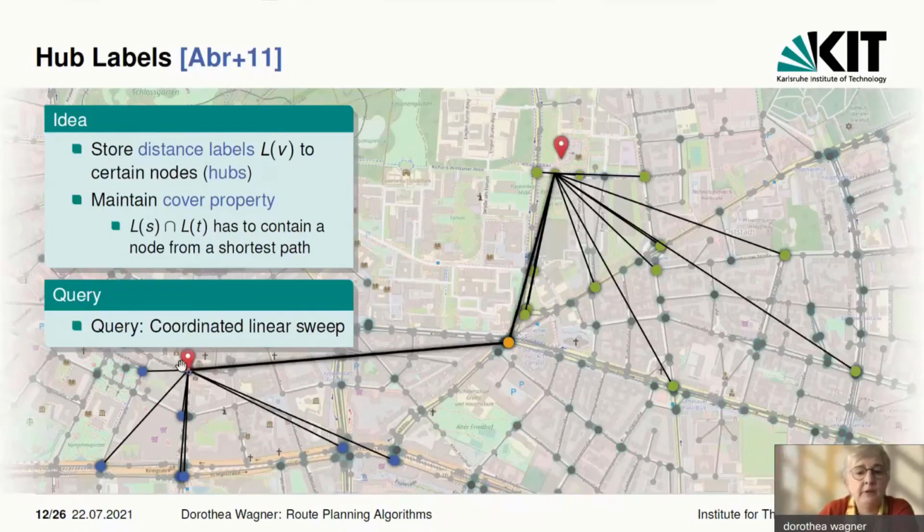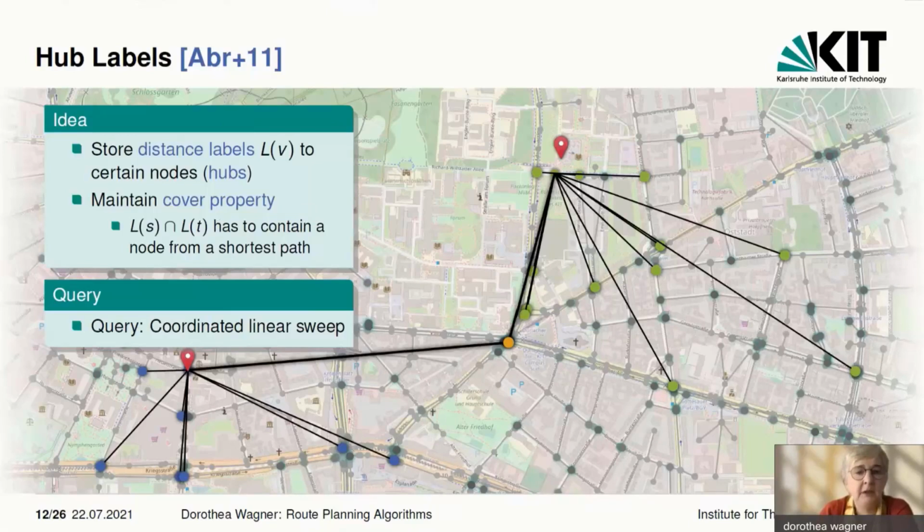So from S, we store the distances, or precompute the distances, to these blue nodes that are somehow selected, and from T, the distances to these green nodes. And the only thing we have to take care of is that the labels, or hubs, are chosen in such a way that the cover property is fulfilled for all vertices.